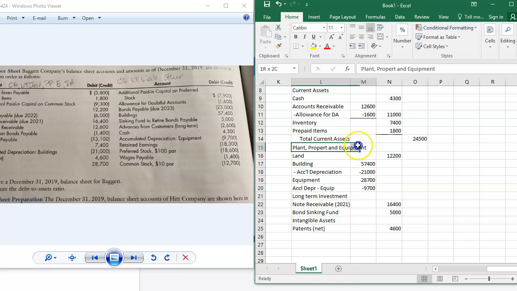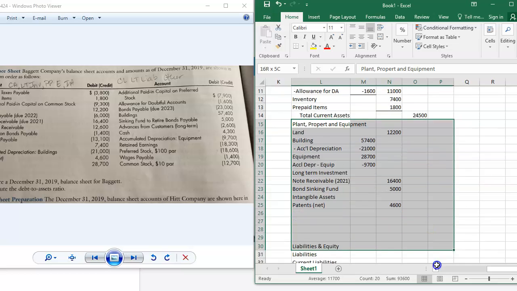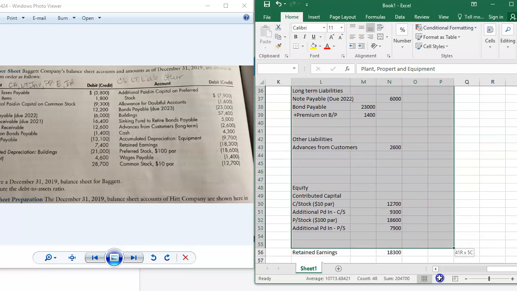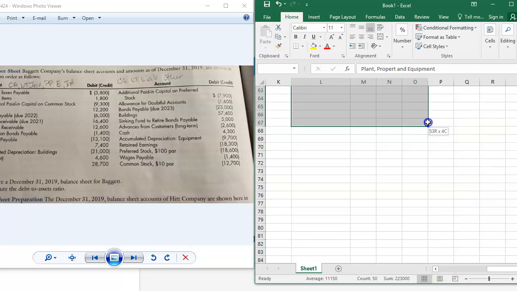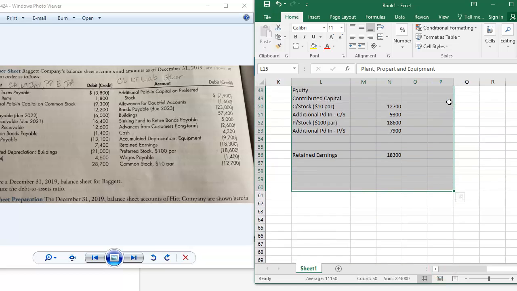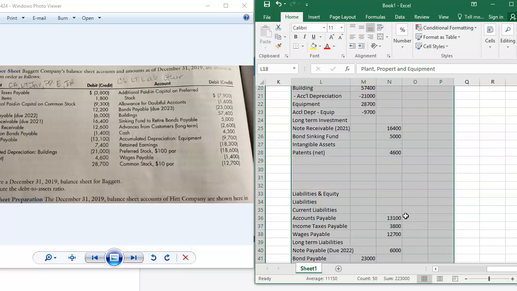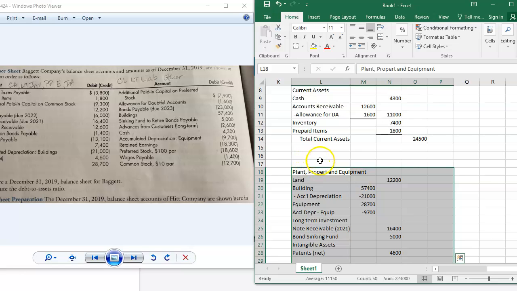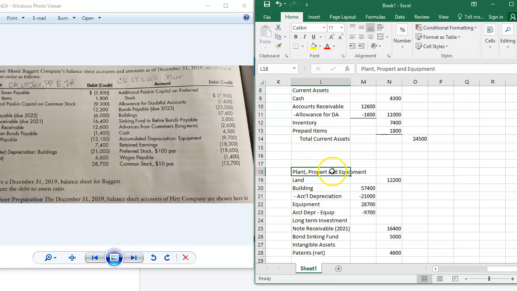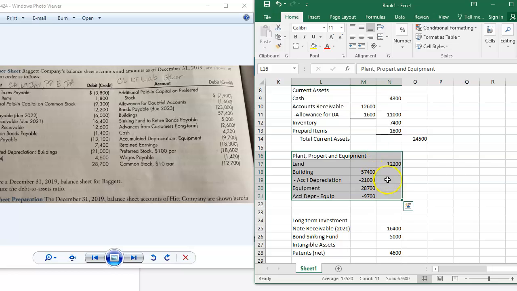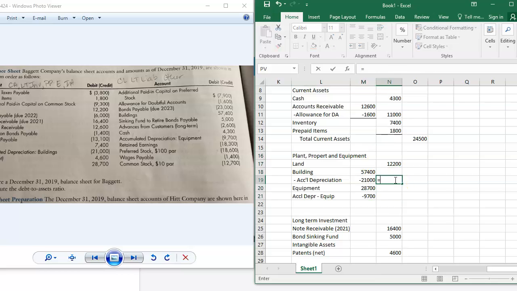All right, and then I would like to put a line under here, so I'm going to move all this down. Actually, I probably don't need to move it all down, but I'm going to anyway. All right, so I have plant and equipment. Goes to right there. All right, so I can net these. This one.